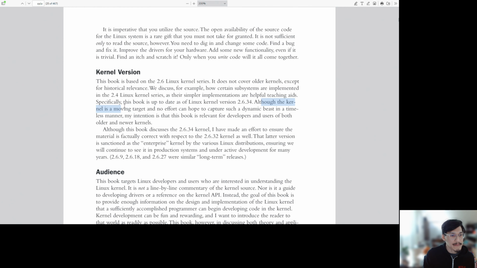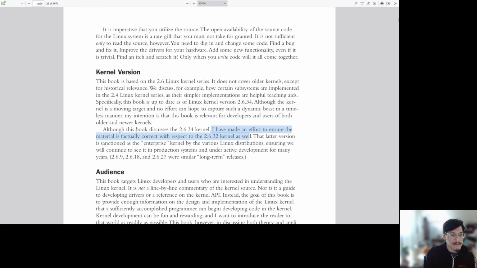Although the kernel is a moving target and no effort can hope to capture such a dynamic beast in a timeless manner, my intention is that this book is relevant for developers and users of both older and newer kernels. Although this book discusses the 2.6.34 kernel, I have made an effort to ensure the material is factually correct with respect to the 2.6.32 kernel as well.